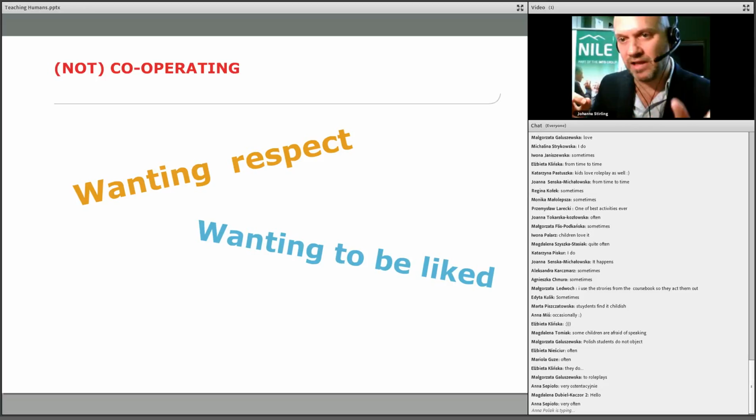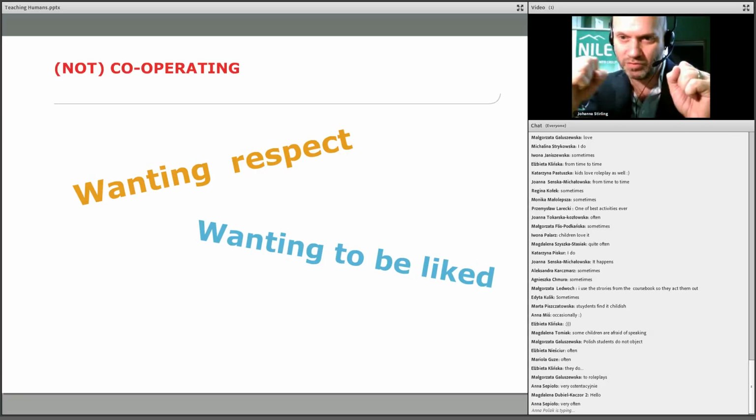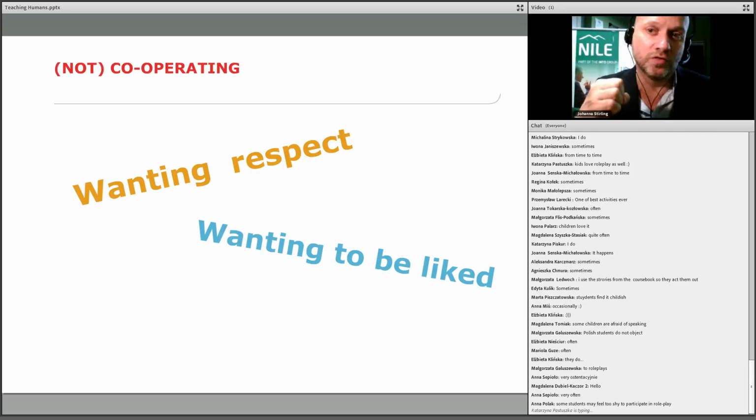That wanting to be liked by the peers and wanting to be liked by the teachers is in conflict, or wanting to be liked by some of the peers is in conflict with wanting to be liked by other of the peers, right? Or it might be that wanting to be liked is in conflict with what they actually want to do, what they want to achieve, right?